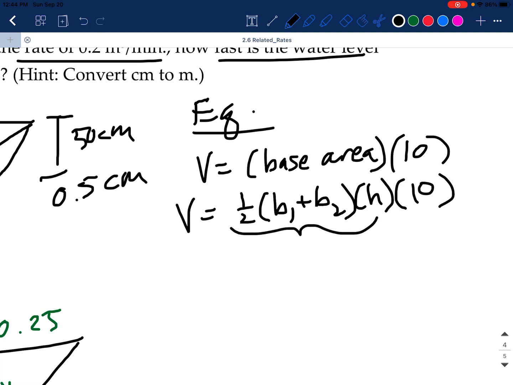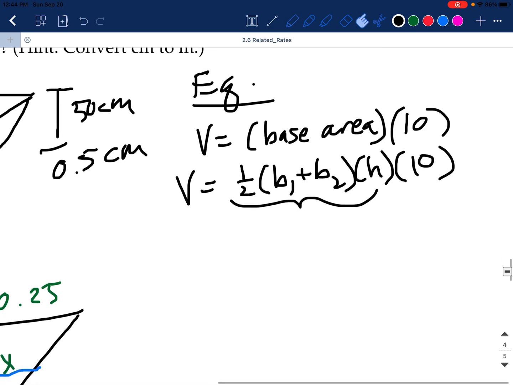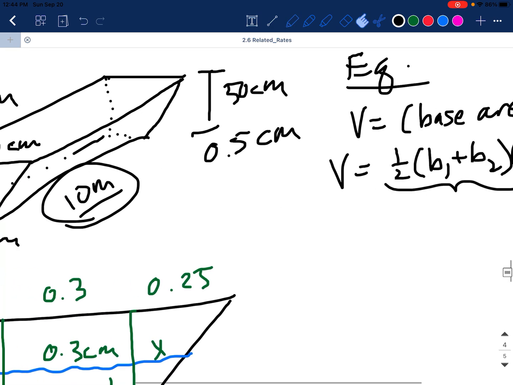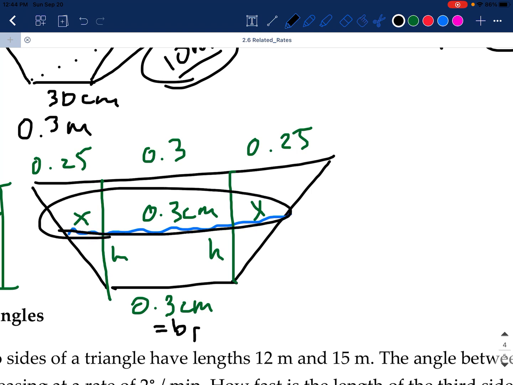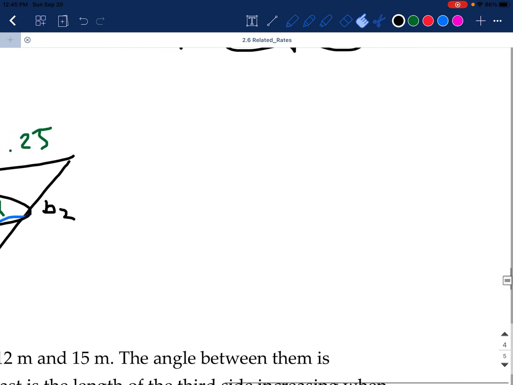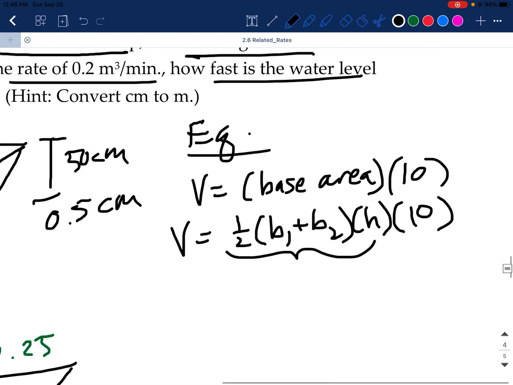So we take the average sum of the bases times the height in order to get it, but we need to figure out what B1 and B2 are. If we let this be base 1, it's just 0.3, but then all of this is going to be base 2, so we need to add those lengths. So it's going to be 2x plus 0.3, it looks like. Okay, so let's put that in.